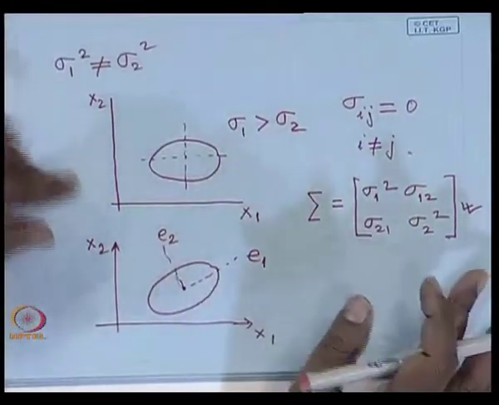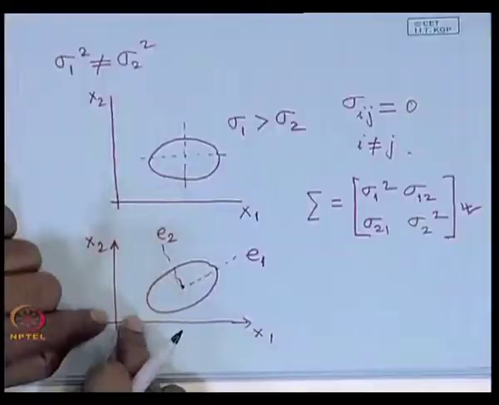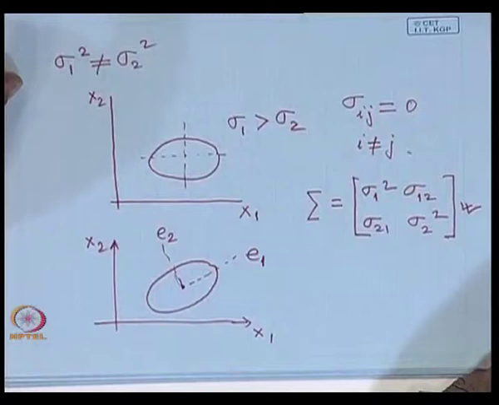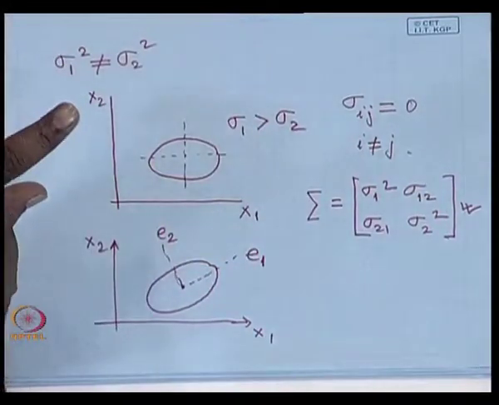Now, what happens in case of multivariate normal density? I have taken the example of bivariate normal density, because up to 2 variables I can visualize. The moment I go from 2 variables to 3 variables, I will have 3 axes, one corresponding to x 1, one to x 2, one to x 3, and I have to have a fourth axis which corresponds to p x, the probability density function.